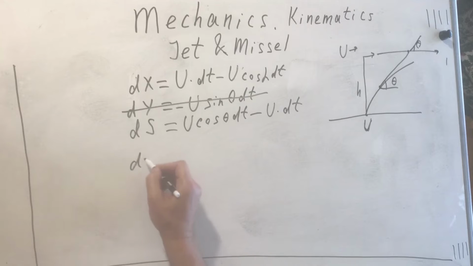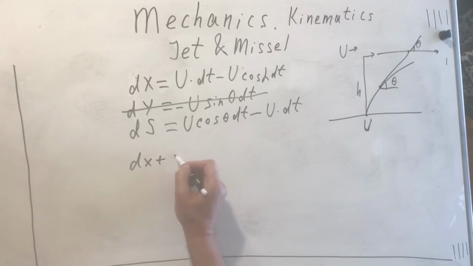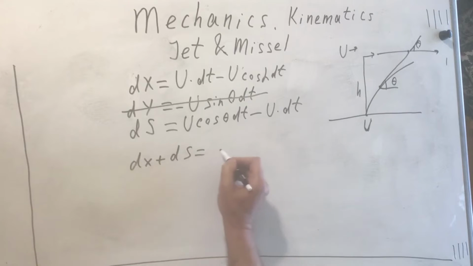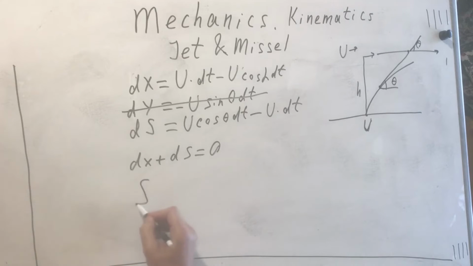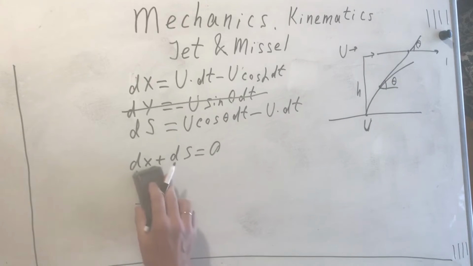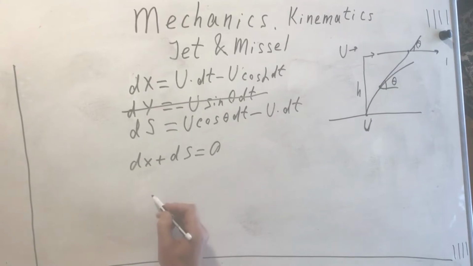So we have dx plus ds equals 0. And we can integrate this expression. So that will be the integral where x is going from 0 to final distance d.